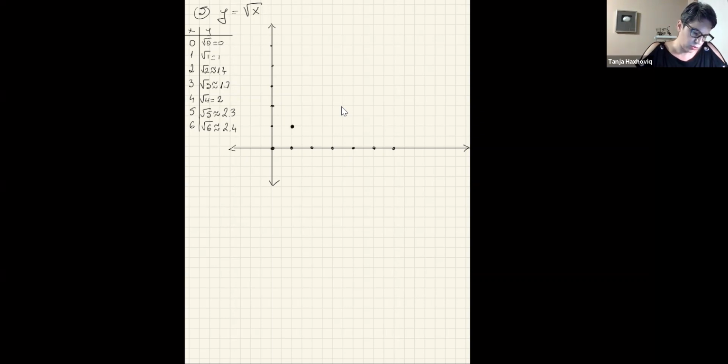When x is equal to 2, square root of 2 is 1.4. So that is somewhere here.